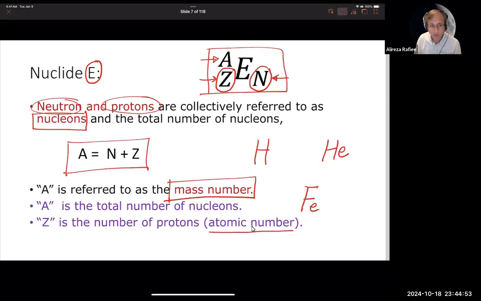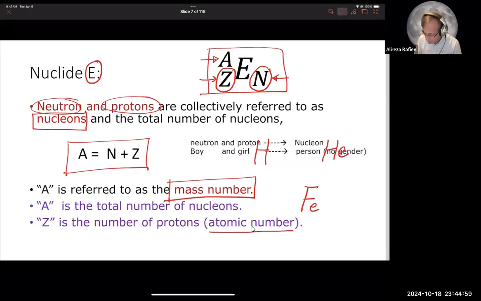And the atomic number would be the number of protons in a nuclide. So a neutron and a proton, each one is referred to as a nucleon in general. It's like boys and girls, but at the end, each one is a person, regardless of their gender. So it's an easy way to talk about the protons and neutrons, regardless of which one we are referring to.